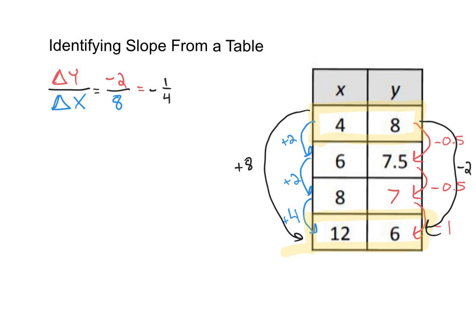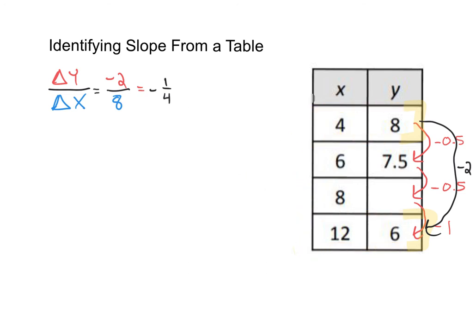And we can look at that with some closer points. Let me erase some of this because it's getting a little messy in here. Let's look at these first 2 that were given to us. Here, my change in x is I added 2. Here, my change in y is I subtracted 0.5.